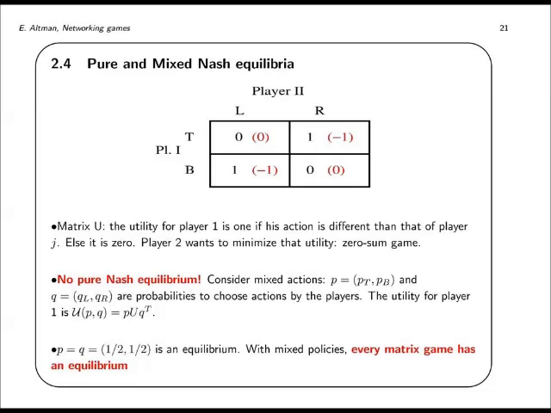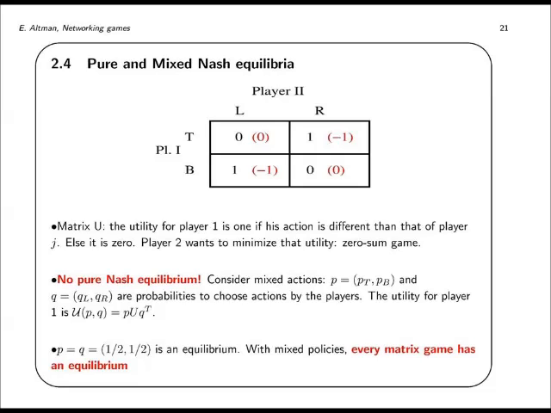Let us denote by P the vector of probabilities for player 1, and by Q the vector of probabilities for player 2. Then the expected utility for player 1 is U1, so it is the red matrix multiplied by the vector P to the left and by the vector Q transposed to the right.